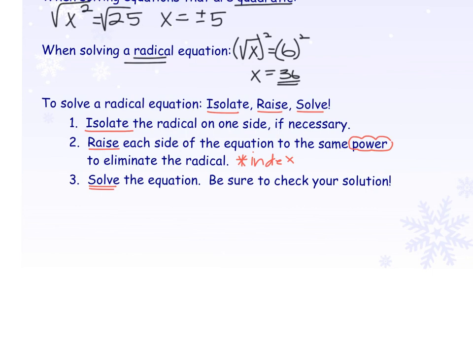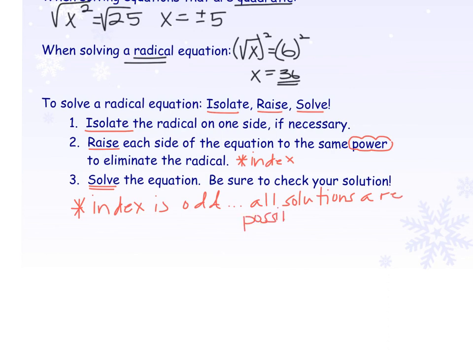So here's what I mean about checking for your solutions. If your index is odd, like a cubed root or a fifth root, all solutions are possible. And we talked about that at the very beginning of the chapter.